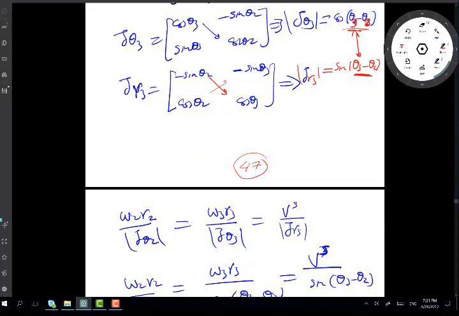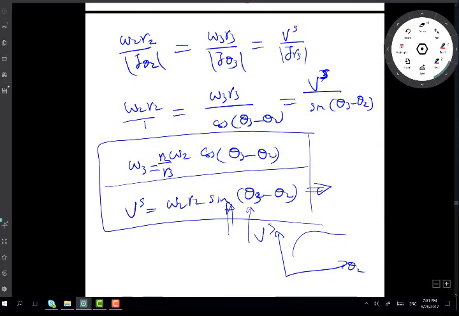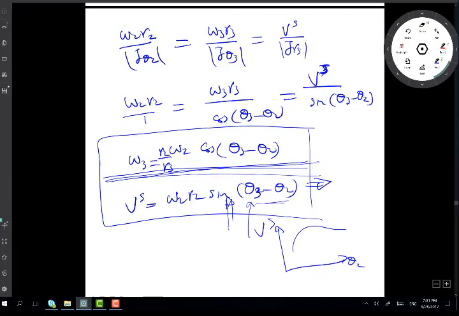The theta 3 goes into here, so you can plot your expression for Vs against theta 2 and try to apply it in practice.